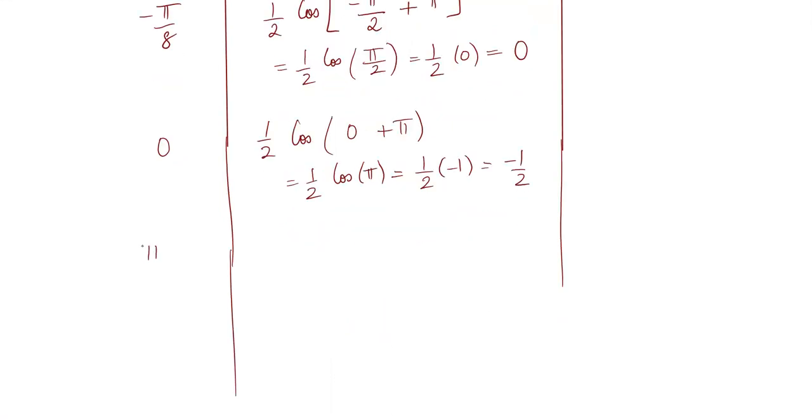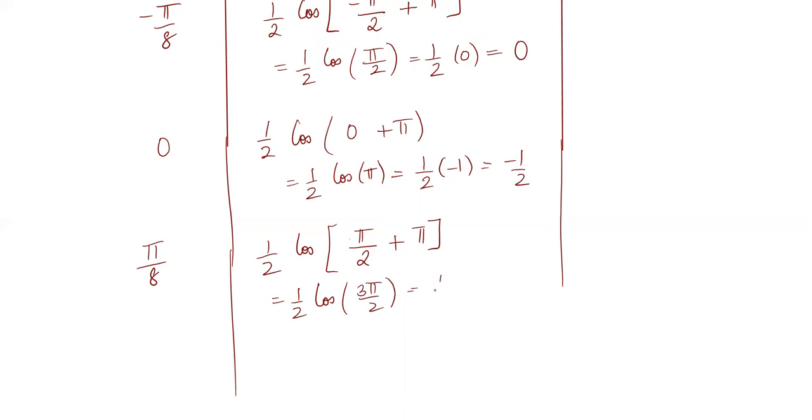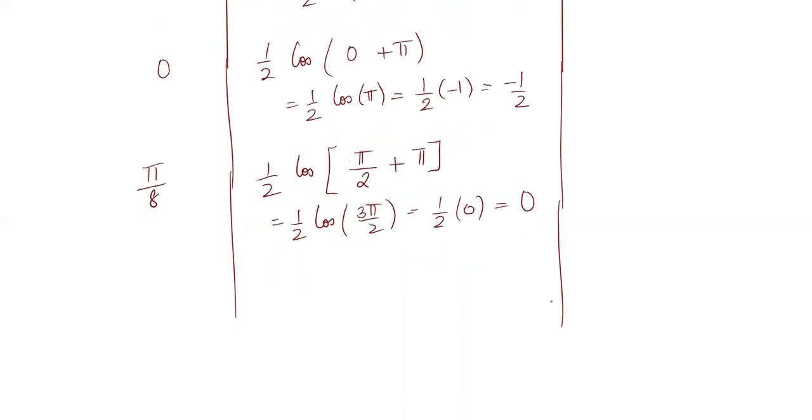And then we have pi over 8, half cosine. The 4 and the 8 will cancel, so I'm going to write it as pi over 2 plus pi, which is half cosine 3 pi over 2, isn't it? 3 pi over 2 is the 270-degree mark. So half times 0, it's 0. One more. 2 pi over 8. So half cosine 2 pi over 2 is what I will write.